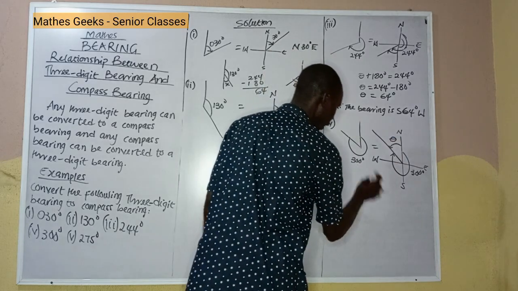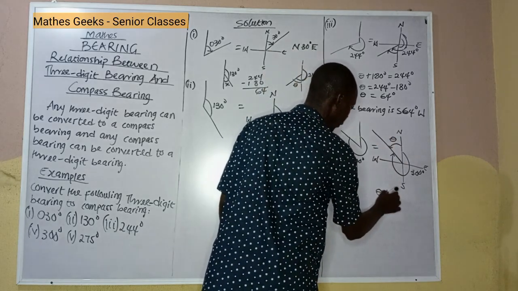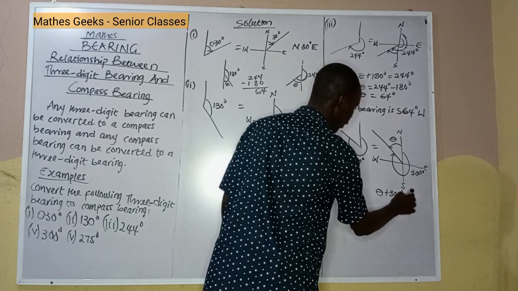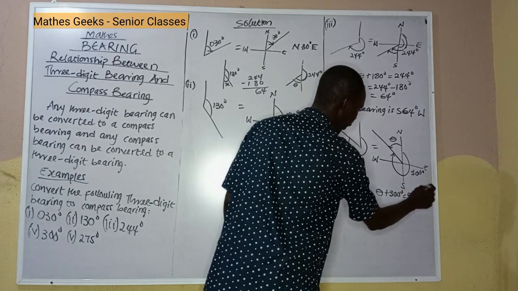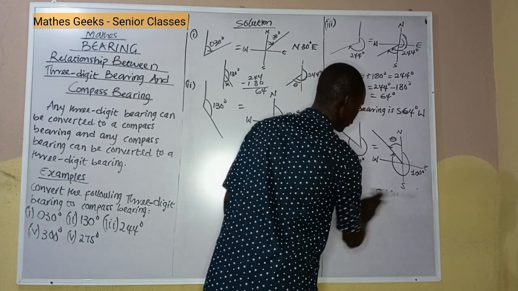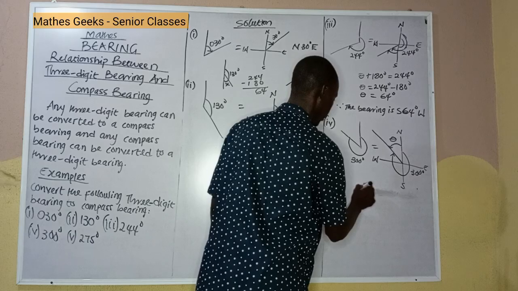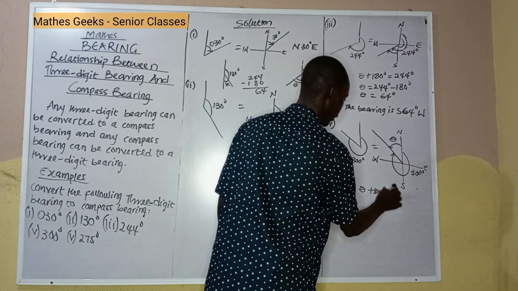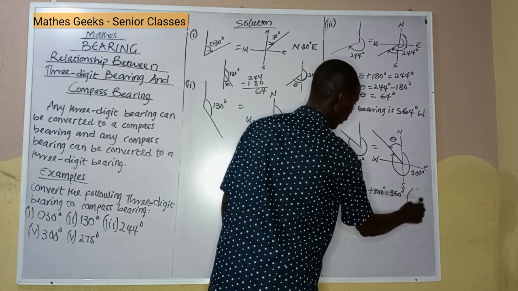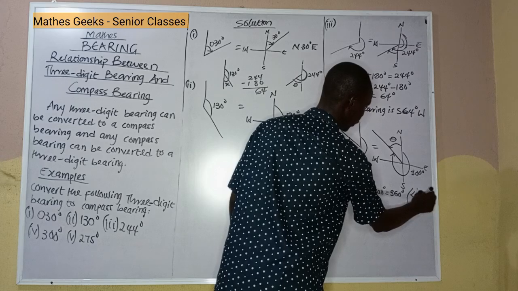So to get the value theta, we know that theta plus 300 degrees is equal to 360 degrees. Why? Because, let me start again. Theta plus 300 degrees is equal to 360 degrees. Why? Angles at a point.